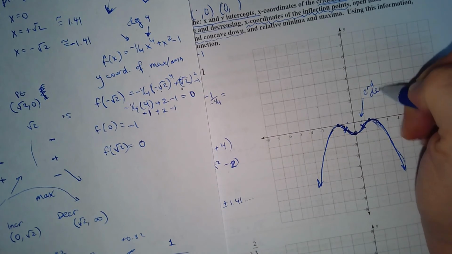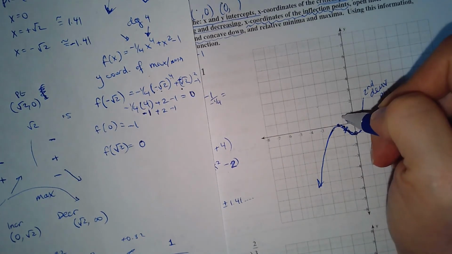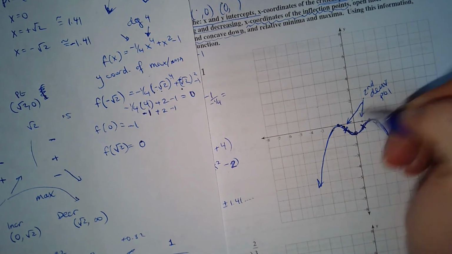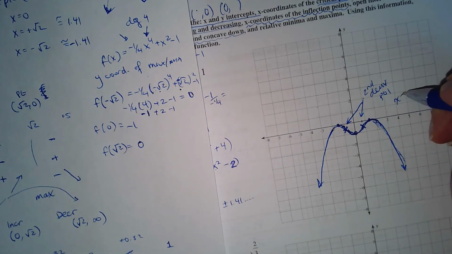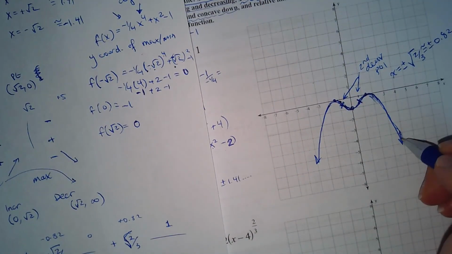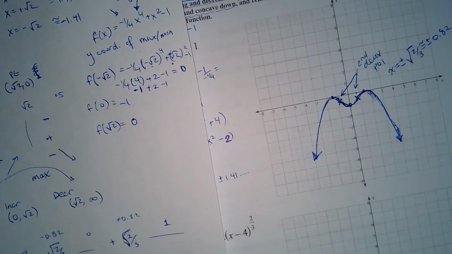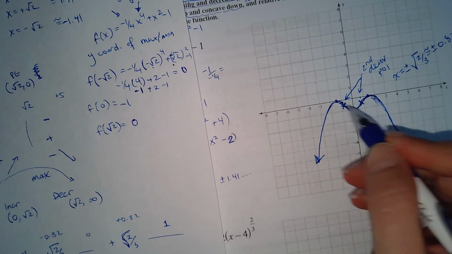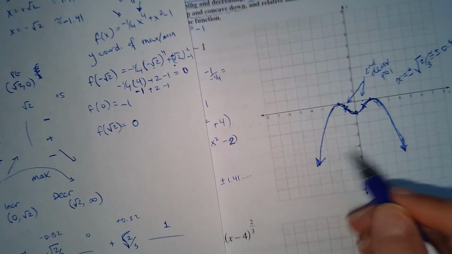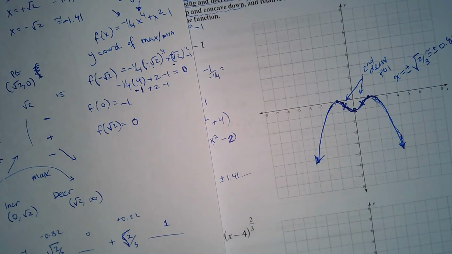So second derivative points of inflection are both these numbers, and we found that those were x equals positive negative root 2/3, which we said is positive negative 0.82 approximately. Okay, and there's our curve sketch with all of the information. And we've got our local min, our absolute max, and we don't have an absolute min here.